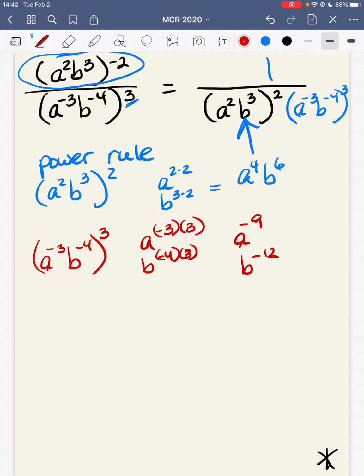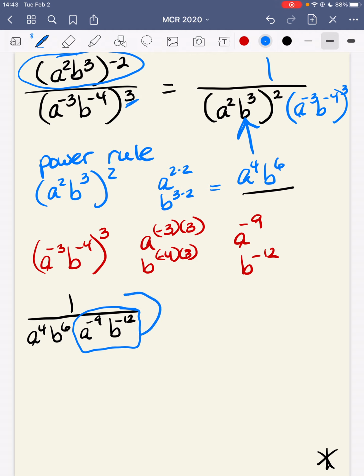Okay, so let's put it back together again. I have a 1 in the numerator, and I have an a to the 4, b to the 6 from this. I have an a to the negative 9, b to the negative 12. Now I have negative exponents here. They all need to move to the top.